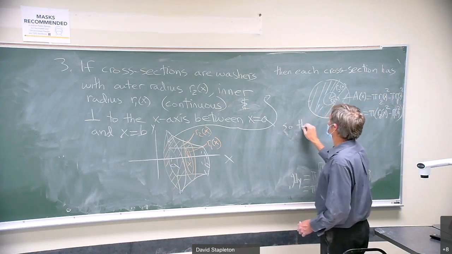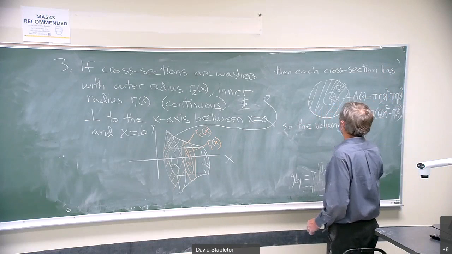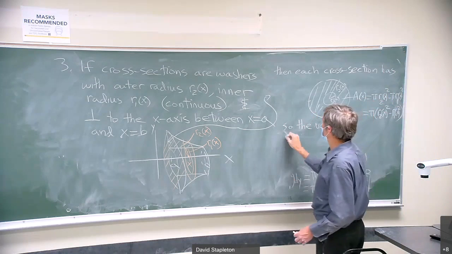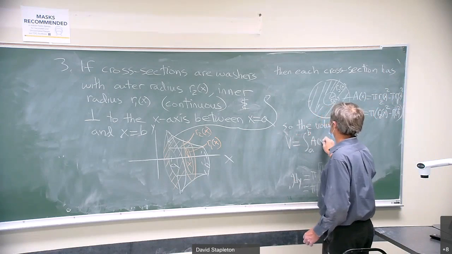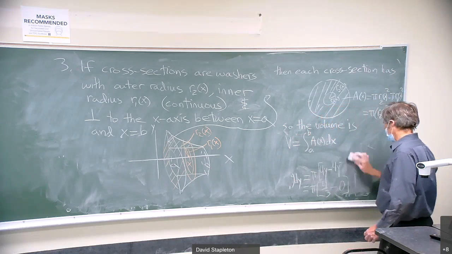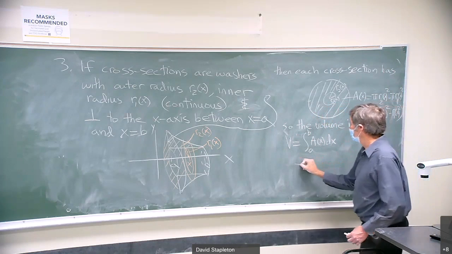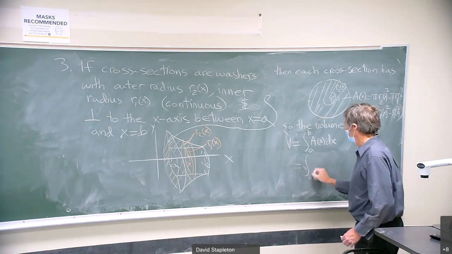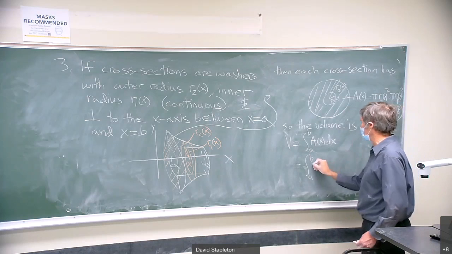So the volume of the solid is what? By the method of cross sections, the volume must be the integral from A to B of the area of a cross section at x. We motivated that and defined it that way. And then the area of the cross section, if the cross sections are washers, is this.